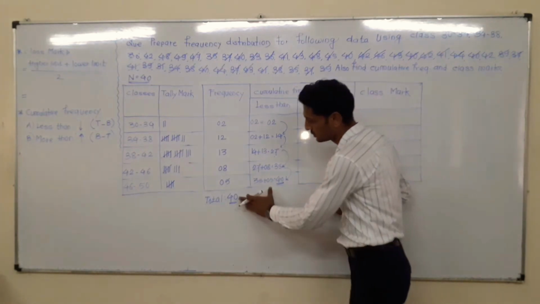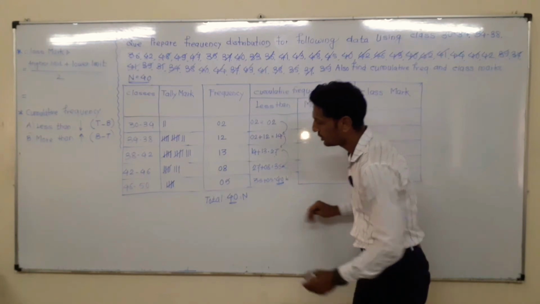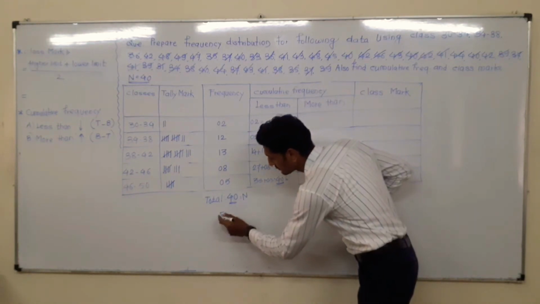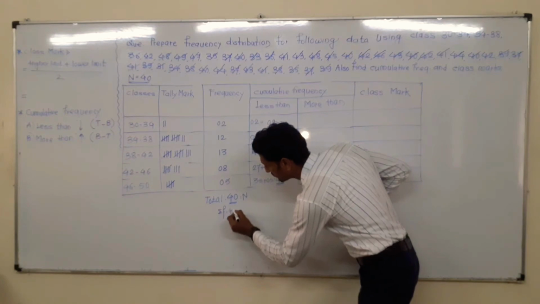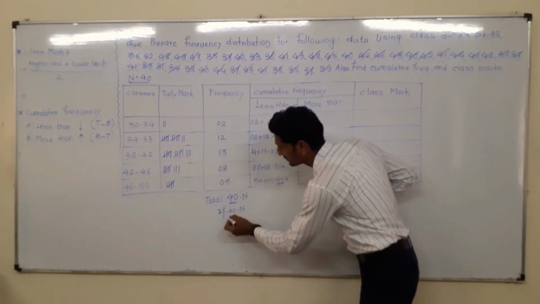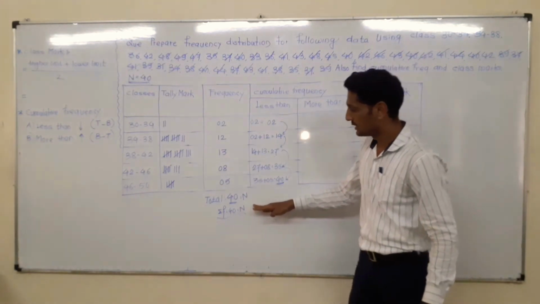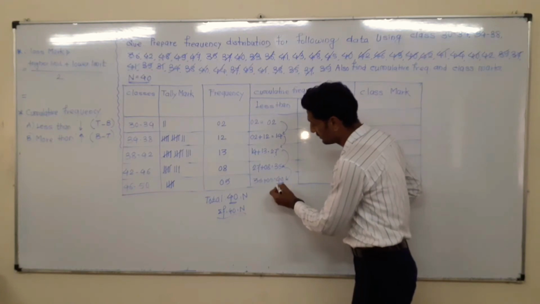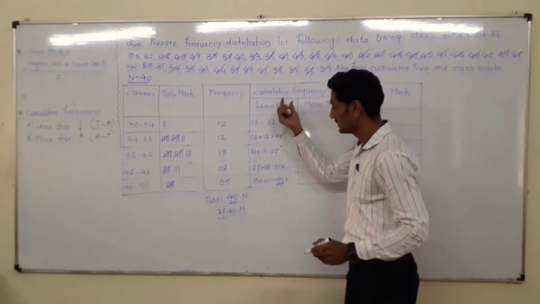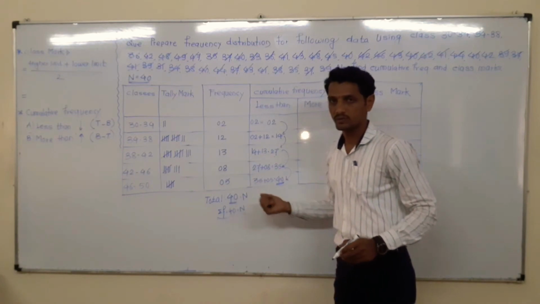So the total of this frequency, shown by summation F, is equal to 40 equal to N. This is a sign of total frequency, that is capital N. So the end amount of this less than cumulative is always equal to the total frequency number.